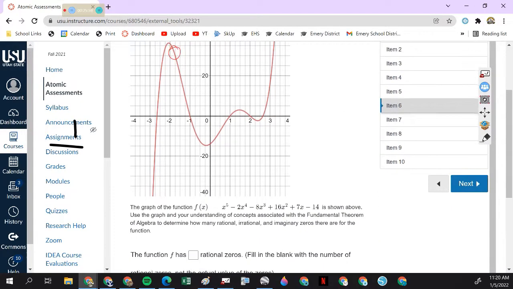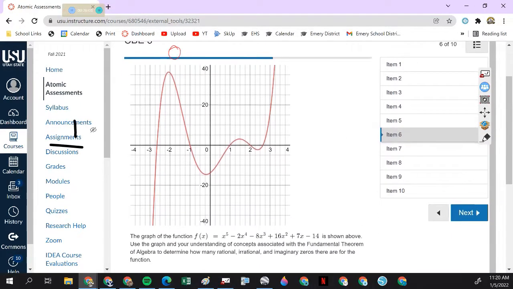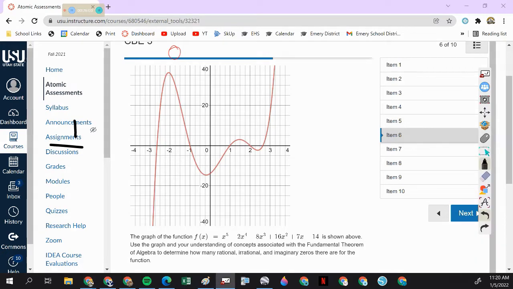All righty. Okay. So, is this rational or irrational? Rational is a fraction, so it's somewhere between -2 and -3, but it could be a fraction, right? No. How can I guarantee that that is not a fractional answer?